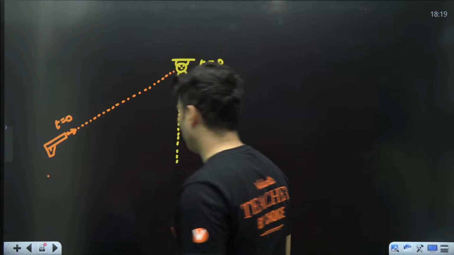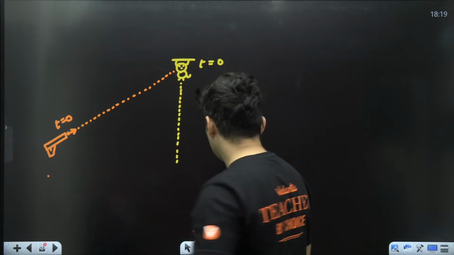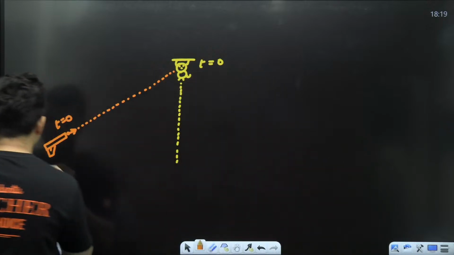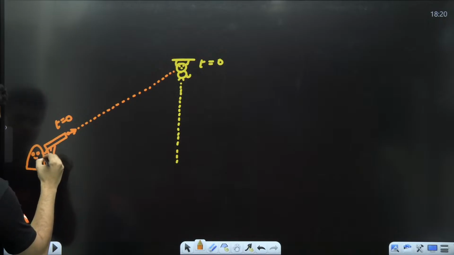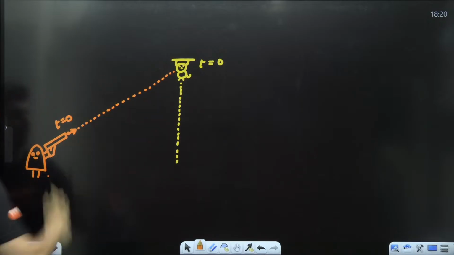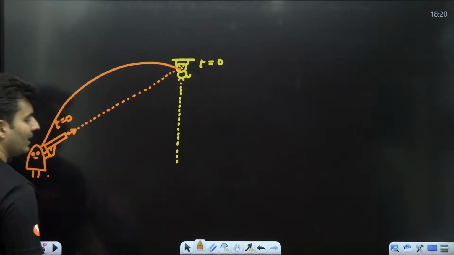Now, you might wonder, what kind of a foolish person is this? I mean, this Pandu who was aiming the gun didn't even have this much of brains that if you are aiming the gun to shoot the monkey, you should shoot it a little bit up. Only then it will hit the monkey.